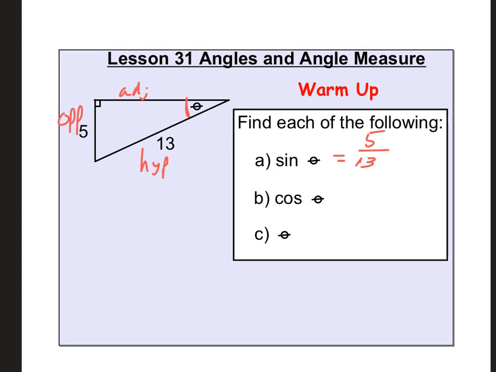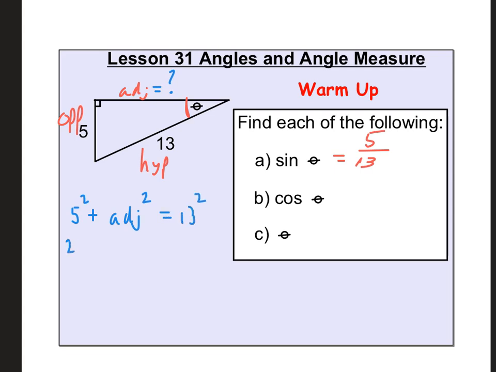Now for cosine, we do need adjacent over hypotenuse, right? So what is the adjacent length, I guess, is the question. And remember, you can always use the Pythagorean theorem in a right triangle. So we could say 5 squared plus the adjacent leg, or you could call that b, a squared plus b squared must equal the hypotenuse squared.